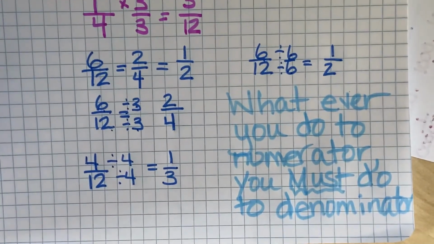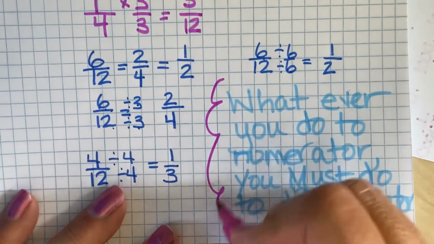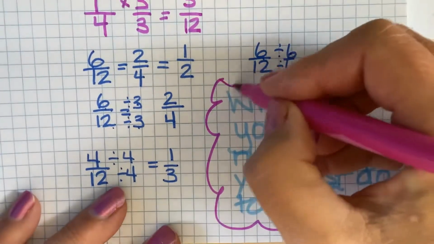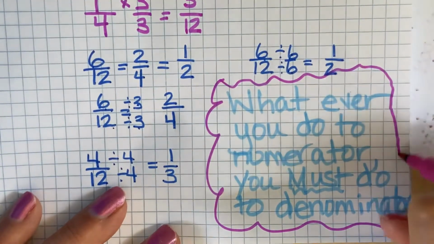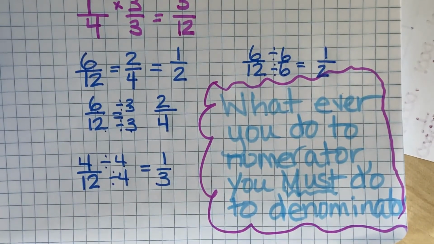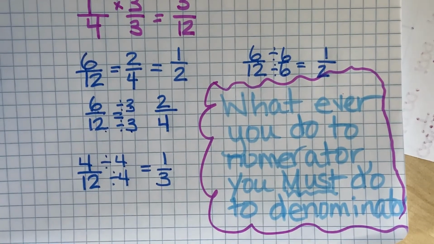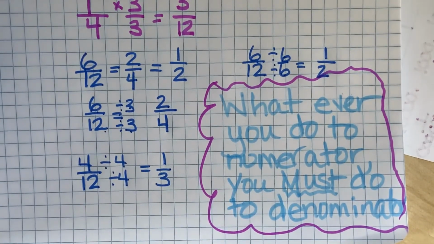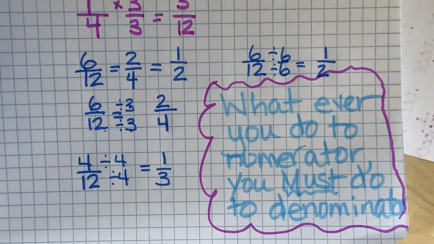Okay, so important. If I multiply the numerator by 5, I have to multiply the denominator by 5. If I divide the numerator by 6, I have to divide the denominator by 6. Okay, so that's just like a quick rundown on equivalent fractions. So we're going to be adding and subtracting first.